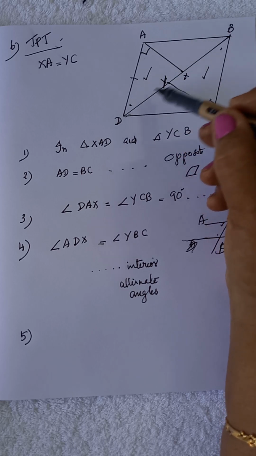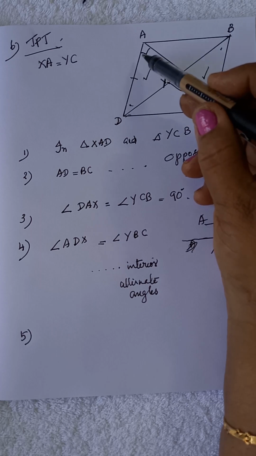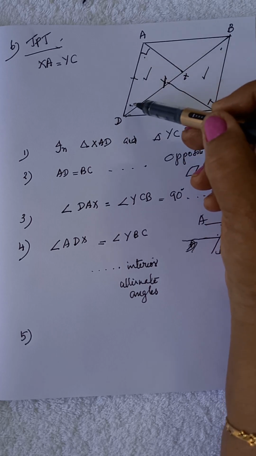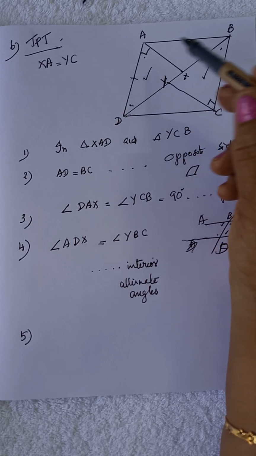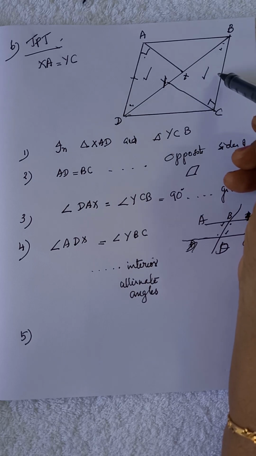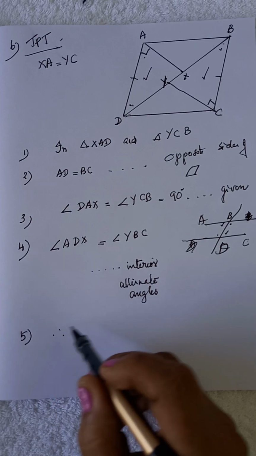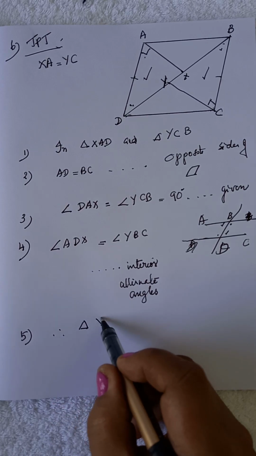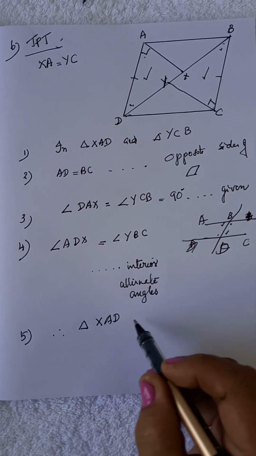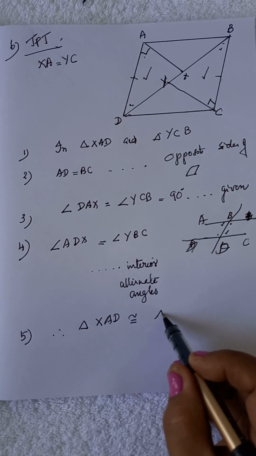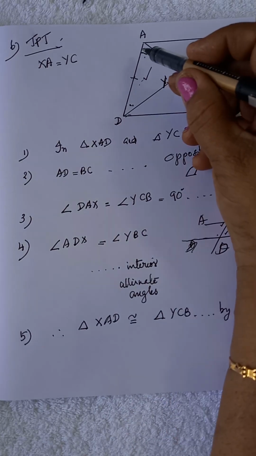So angle, side, angle in this triangle. In this triangle also angle, side, angle. So we can say that therefore triangle XAD is congruent to triangle YCB by angle, side, angle.